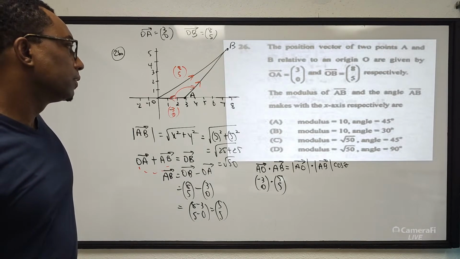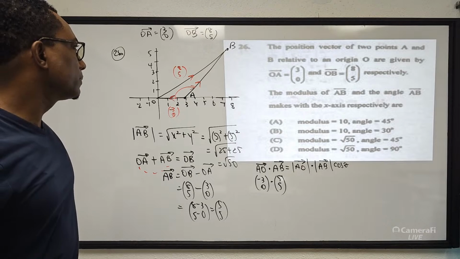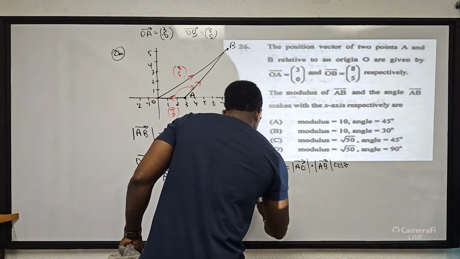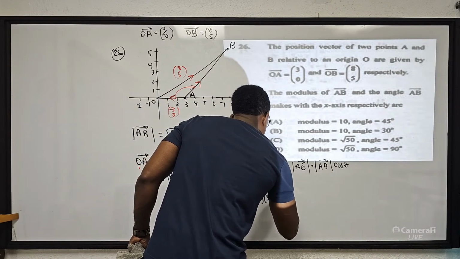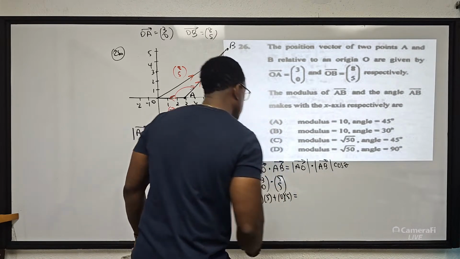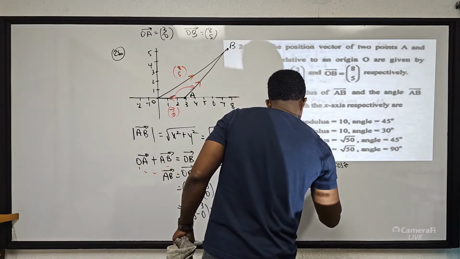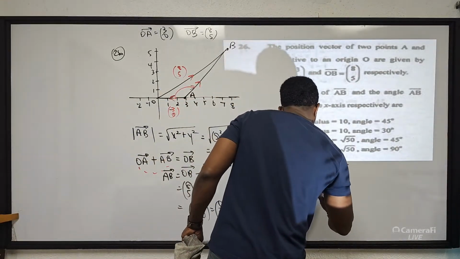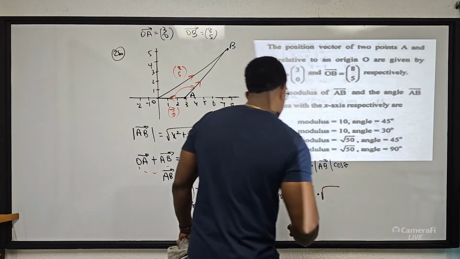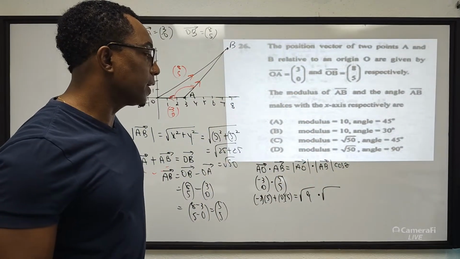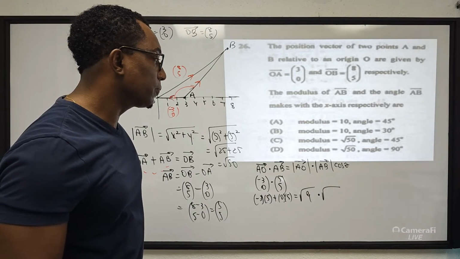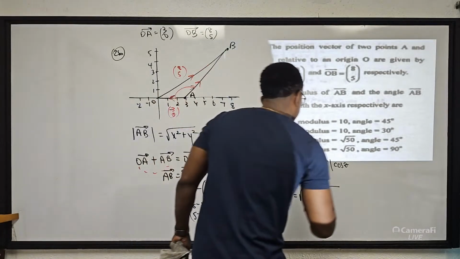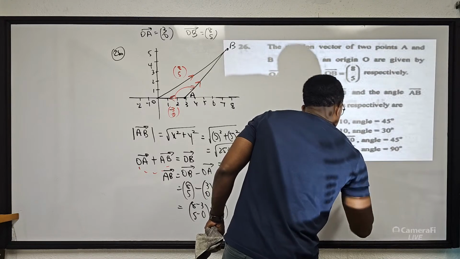So, what are we going to get here? This becomes negative 3 by 5 plus 0 by 5 is equal to the modulus of AO, which is the square root of negative 3 squared plus 0 squared, which is 9, dot the modulus of AB, which is the square root of 25 plus 25, which is the square root of 50, cos theta.